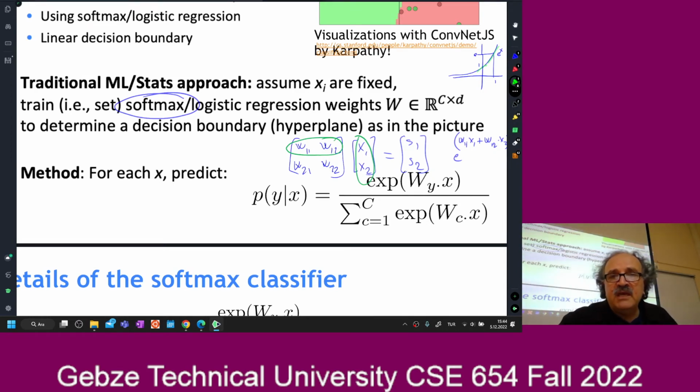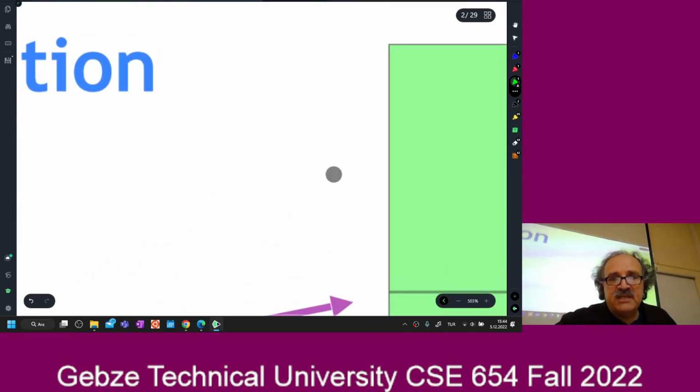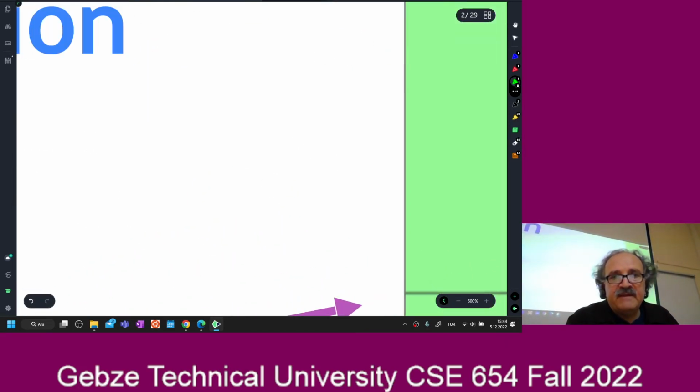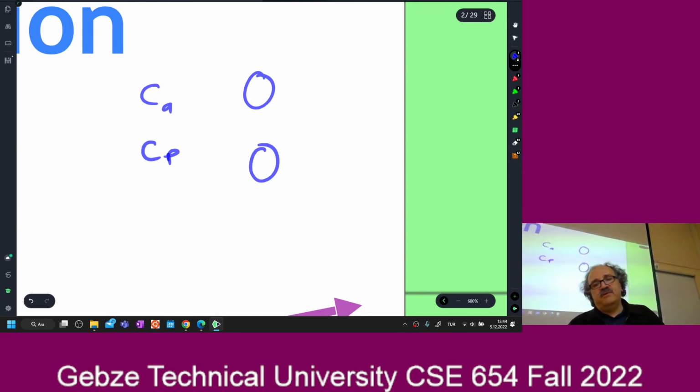So we try to show this using the neural network notation like this. This is my input, x1, the car's age and the car's price.